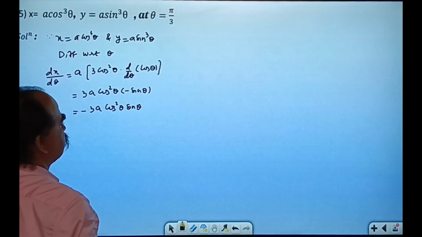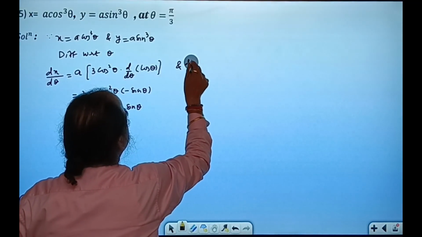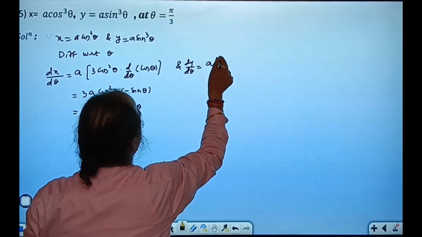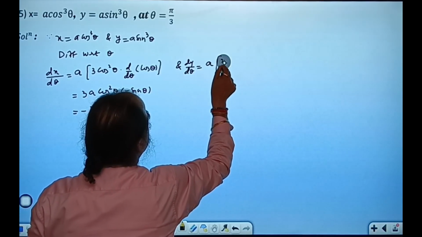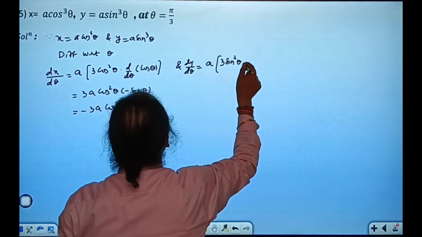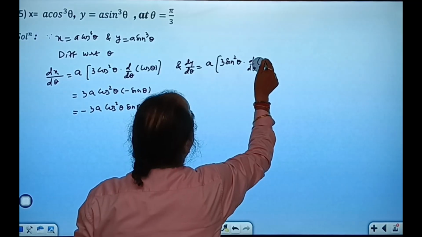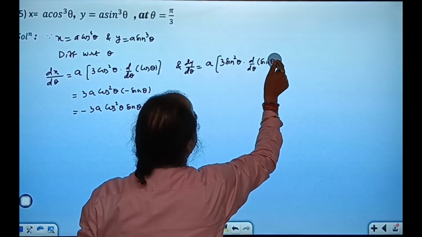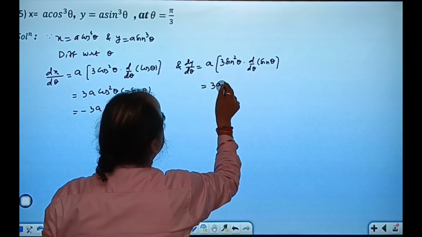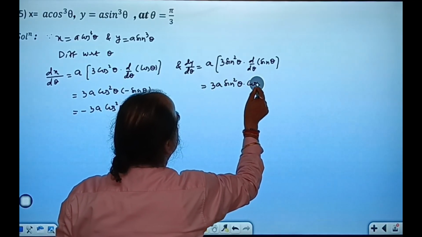Minus 3a cos square theta sine theta. And dy by d theta is what? A will come outside, derivative of sine cube, 3 sine square theta into d by d theta of sine theta. 3a sine square theta, derivative of sine theta is what? Cos theta.